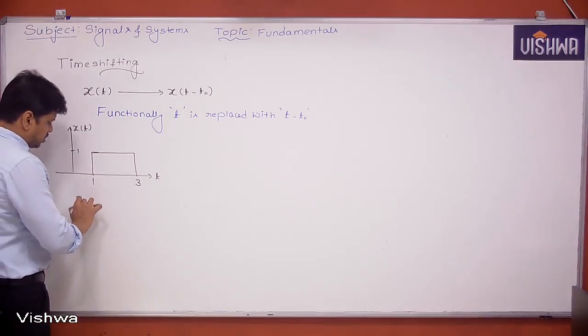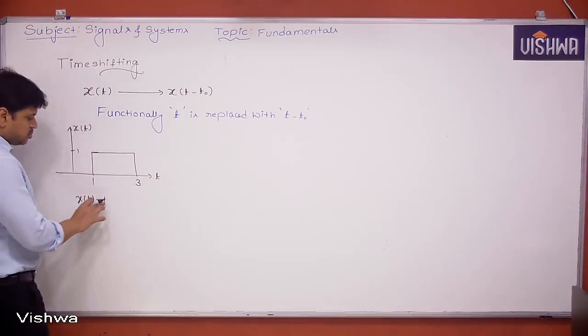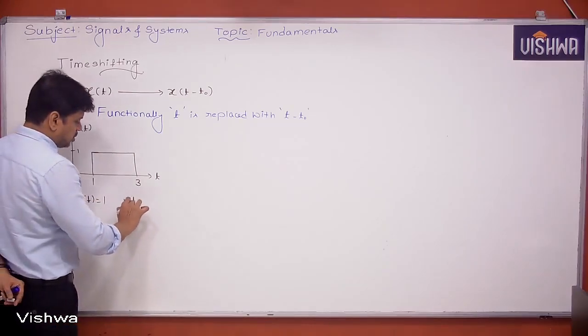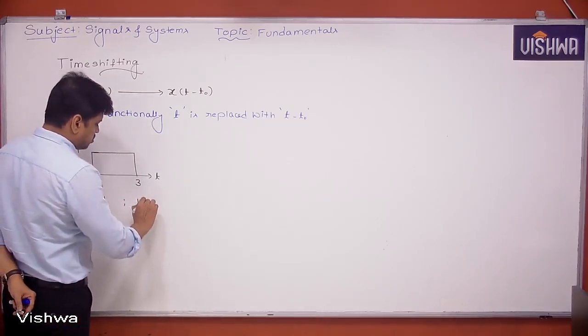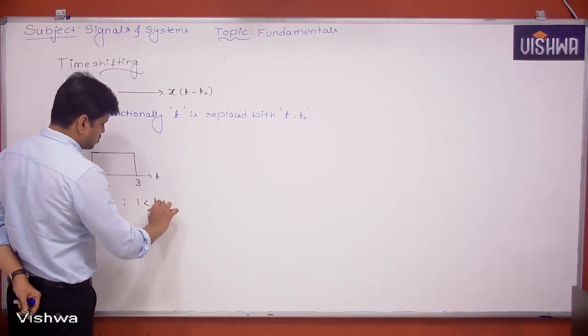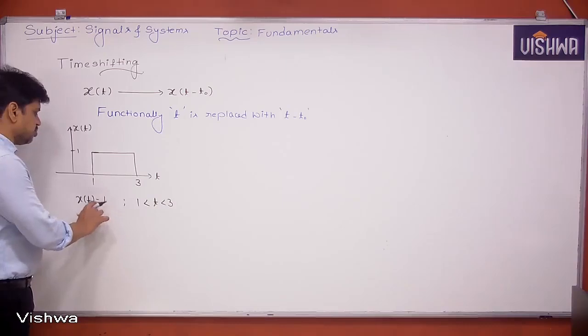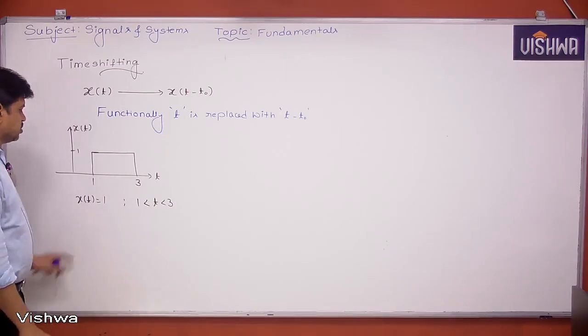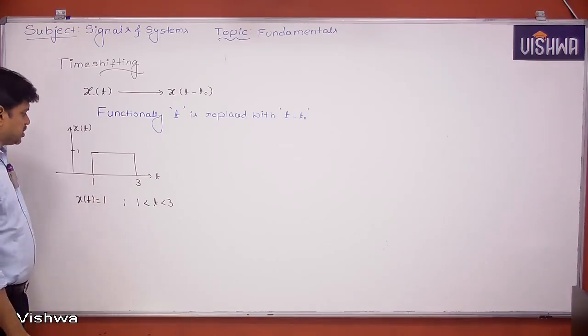X of t is 1 when t lies between 1 and 3. This is the mathematical representation of x of t. When t lies between 1 and 3, its value is equal to 1. That's the meaning of it.